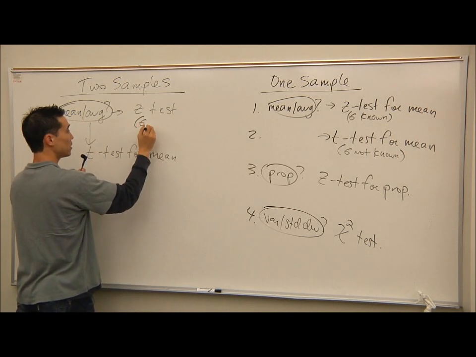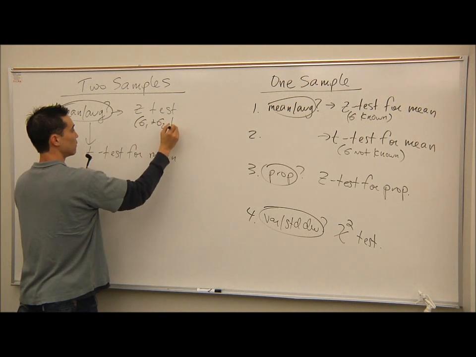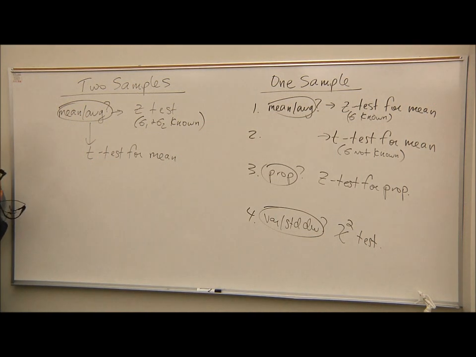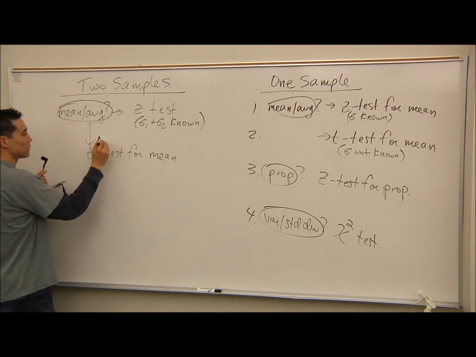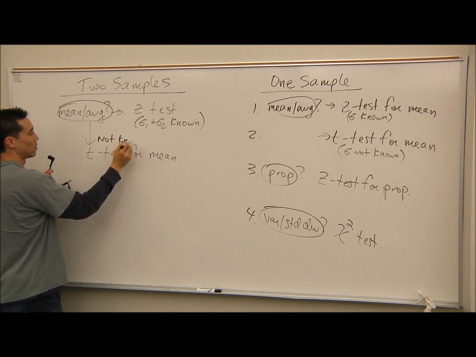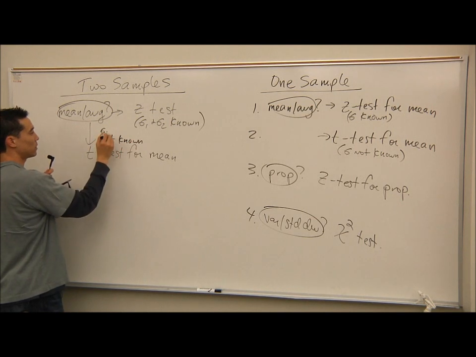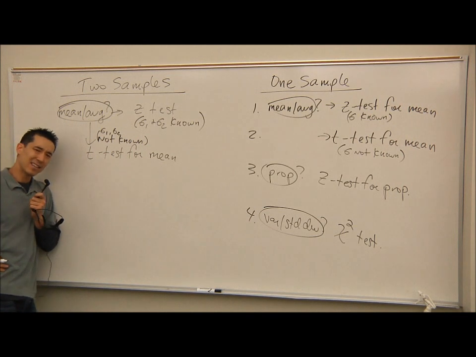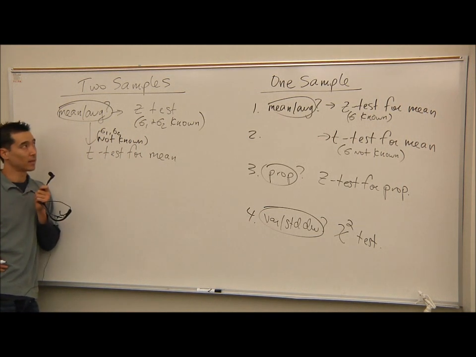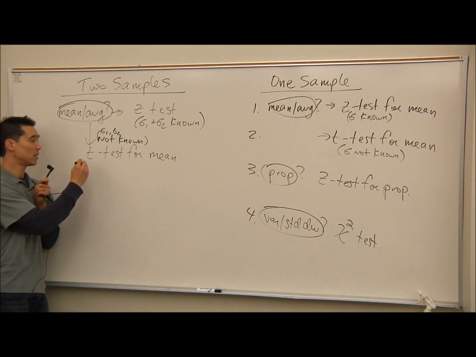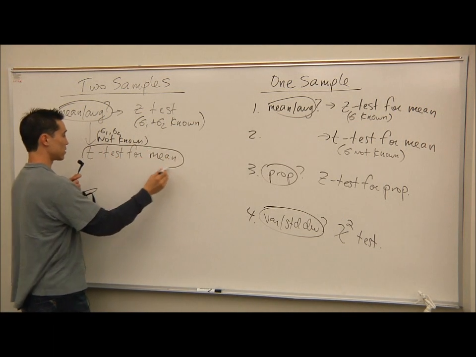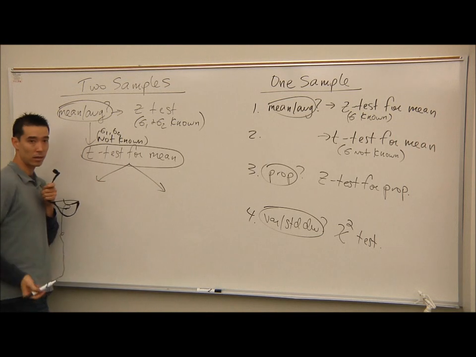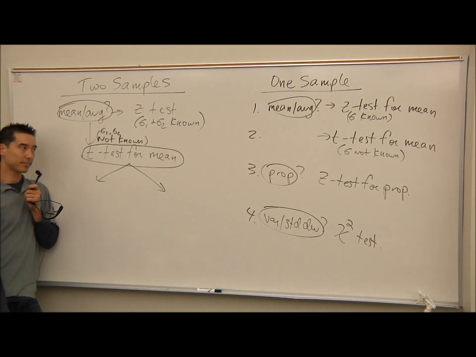And here you need to know sigma 1 and sigma 2 are known. These population standard deviations are known, or they're not. So if sigma 1 and sigma 2 are not known, it's a t-test. Okay? And then unfortunately for us, the flowchart doesn't stop there, because what happens when we do the t-test for this chapter? It's dependent and independent. Oh, well, yeah, that's true too, but let's say it's independent, okay?